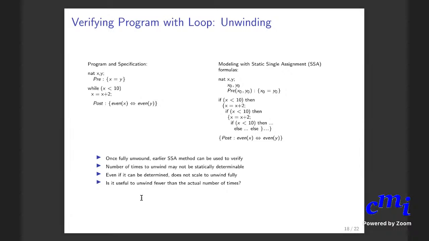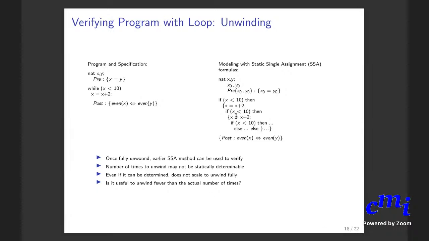So there is this question: how do you do it? But before I tell you, a loop invariant is one technique that can be used for dealing with loops. But before that, I want to raise this question: is it useful to unwind even fewer than the actual number of times?